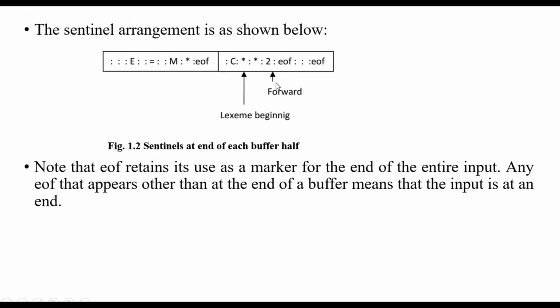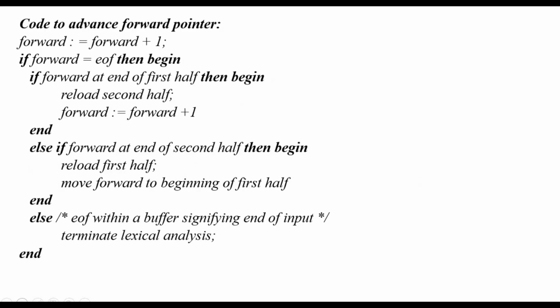Here, first increment the forward pointer. If the forward pointer is at end of file, meaning it is at this place, then you have to reload the second buffer, and forward equals forward plus 1.